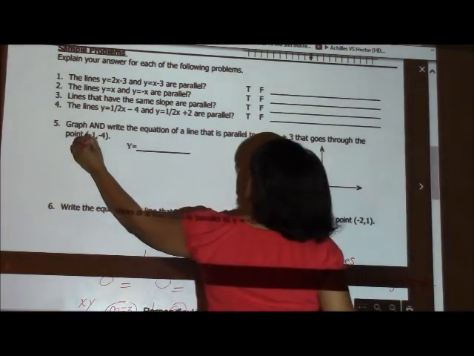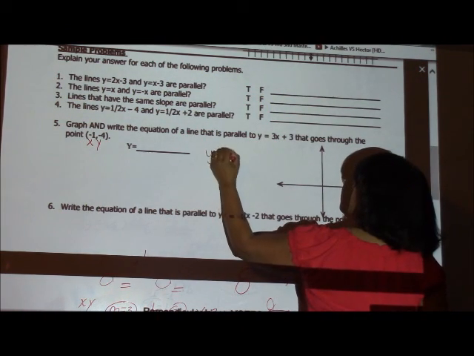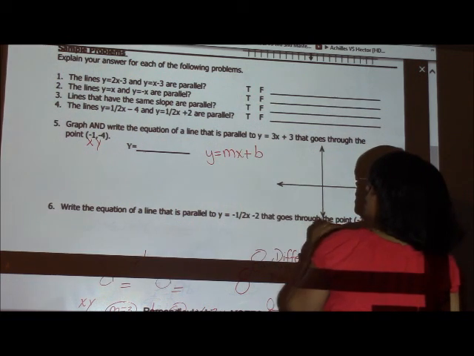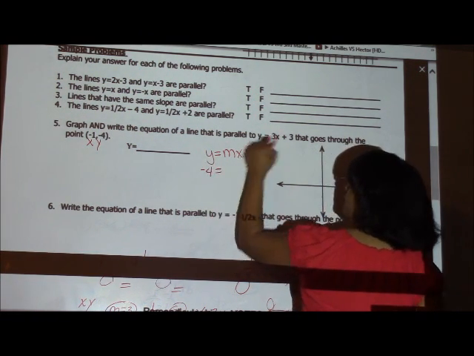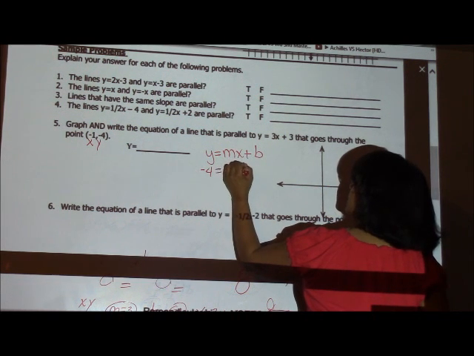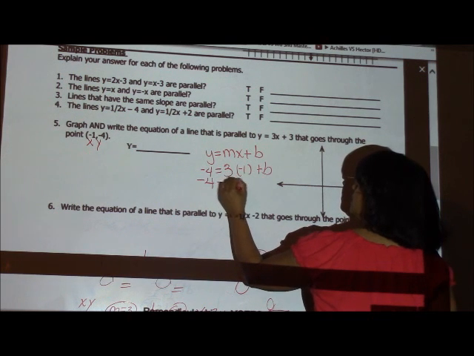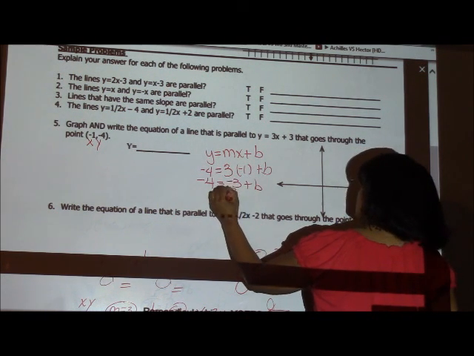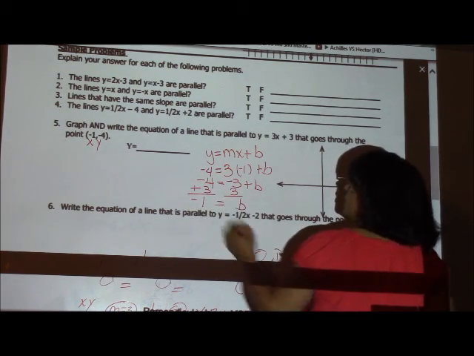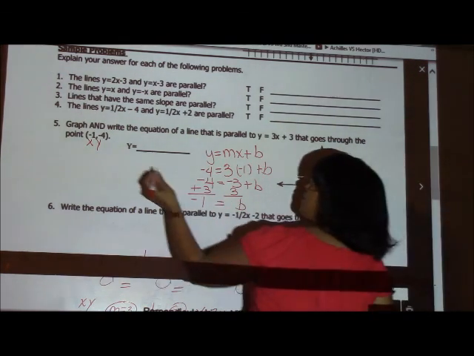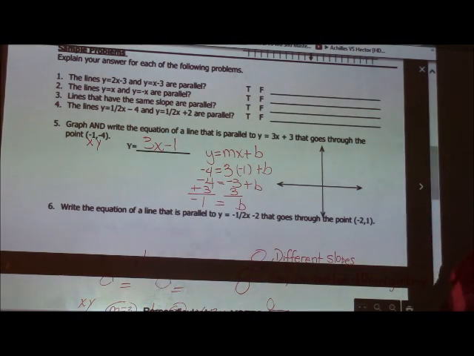So we have our x, we have our y, and so y equals mx plus b. Y is negative 4. M has to be the same, which is 3. X is negative 1 plus b. Negative 4 equals negative 3 plus b. Add your 3, because you're very good at solving equations now. b equals negative 1, so we have y is equal to 3x minus 1, which is what we said.